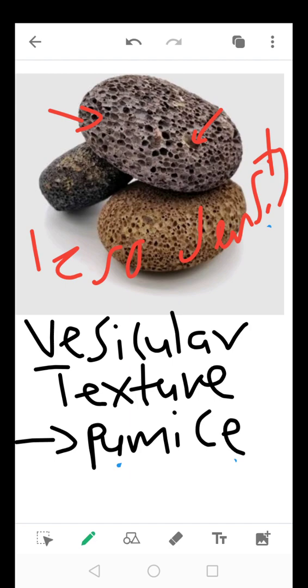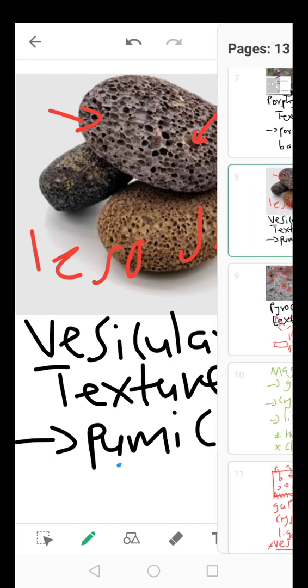You see that the basalt has many holes, but if those holes were filled with minerals, then it will be called amygdaloidal basalt. You can go check into that, the vesicular or the amygdaloidal basalt.